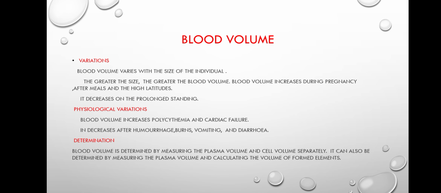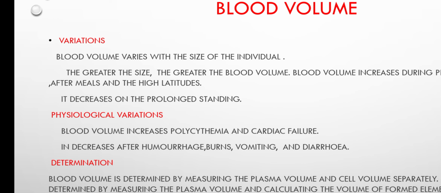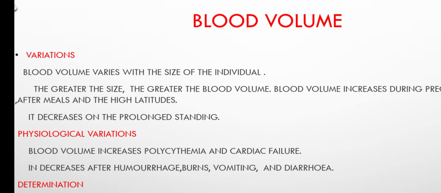So next we will see the blood volume. So in this we have variation. Blood volume varies with the size of the individual. So it has an individual variation according to the size. The greater the size, the greater the blood volume. Blood volume increases during pregnancy, in males and at high altitude.